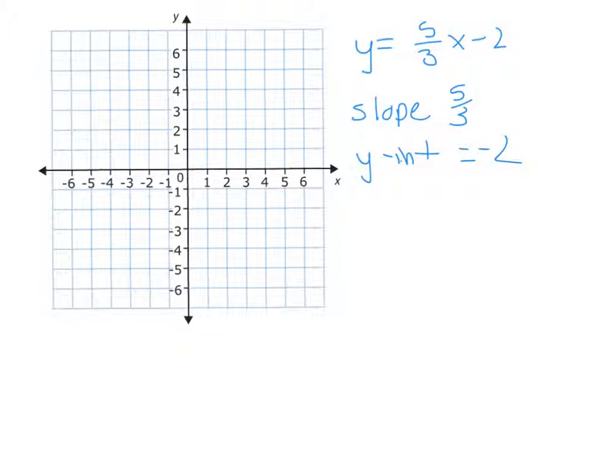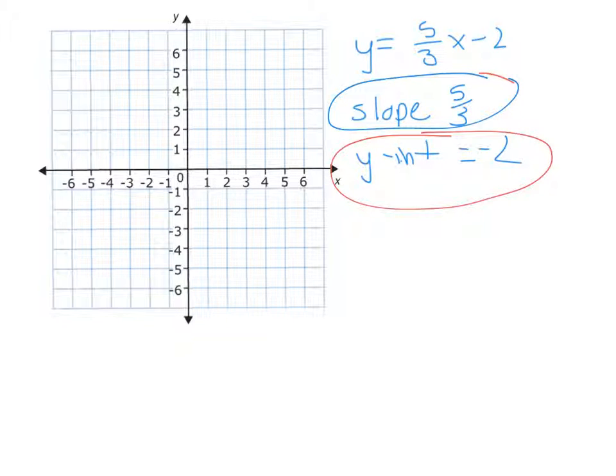So here's my equation, y equals 5/3 x minus 2. Remember, my slope is 5 over 3, my y-intercept is negative 2. When we're graphing, we always start by putting a dot where the y-intercept is. So being negative 2 means I go to my y-axis and I go to negative 2 and I put a dot.